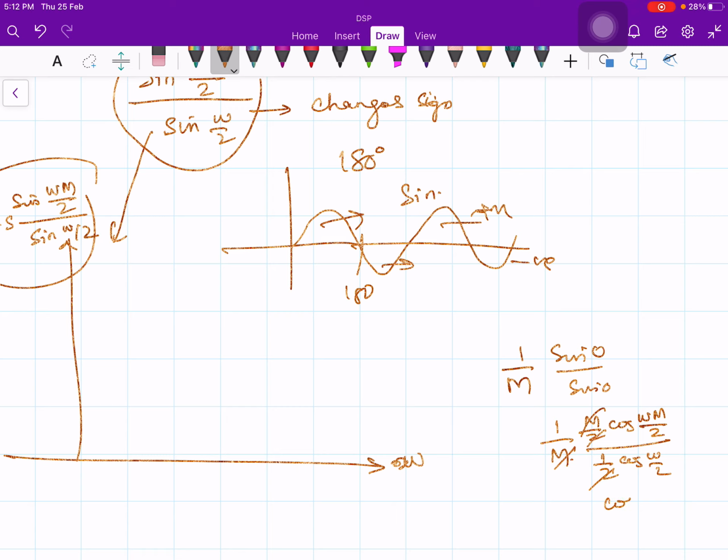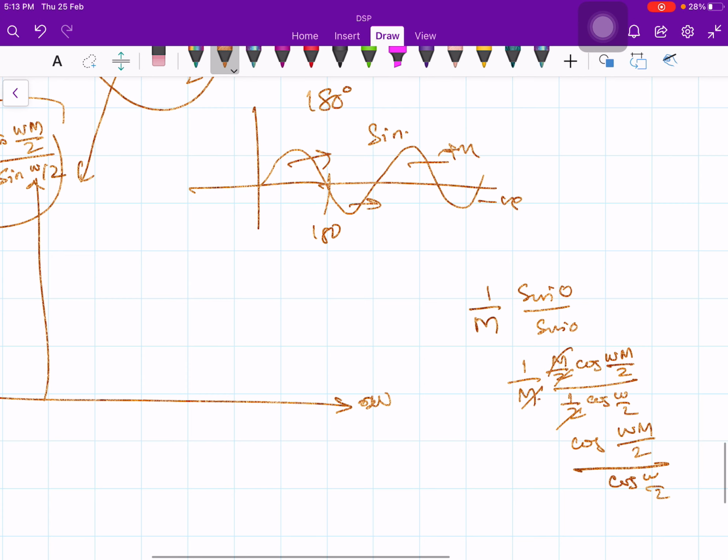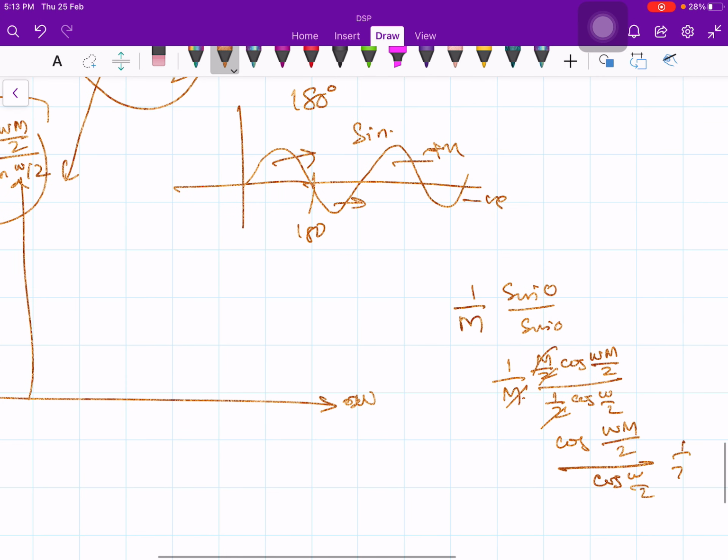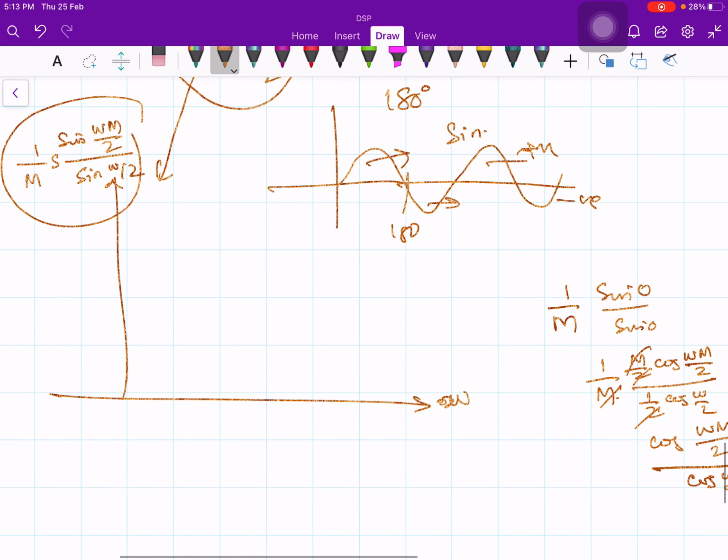You are left with cos of omega capital M by 2 divided by cos of omega by 2. Now substitute omega equal to 0, 1 by 1, it is 1. Therefore the peak value is 1 on the y-axis, and then it comes down, it oscillates like this. So this is my first zero crossing point, right? It executes damped oscillations.